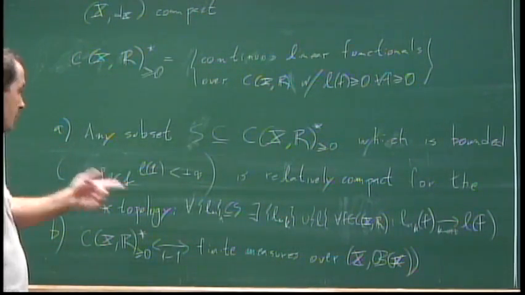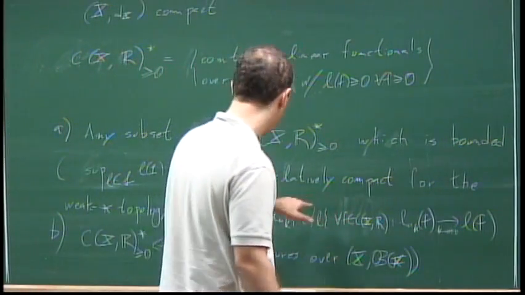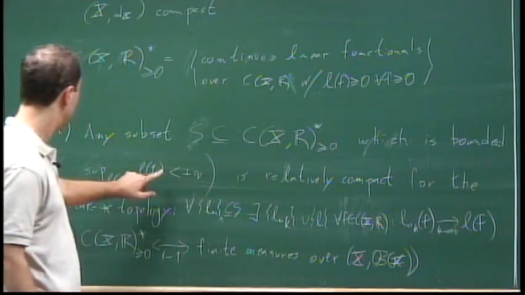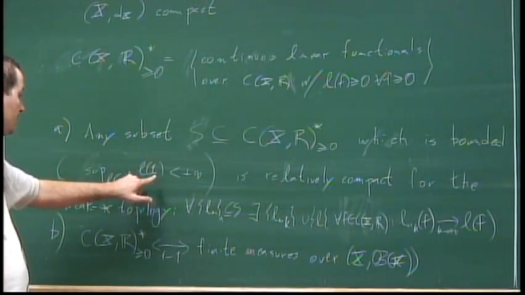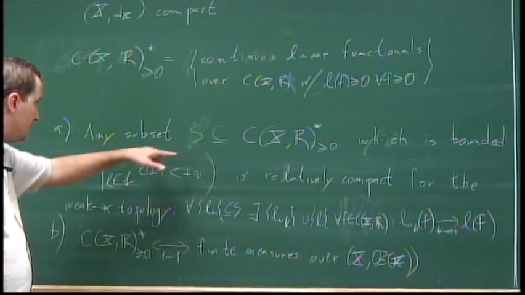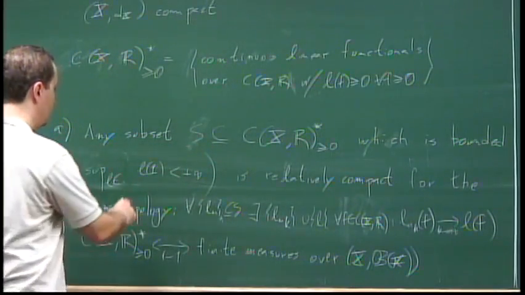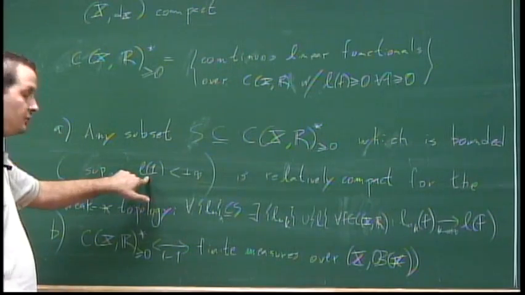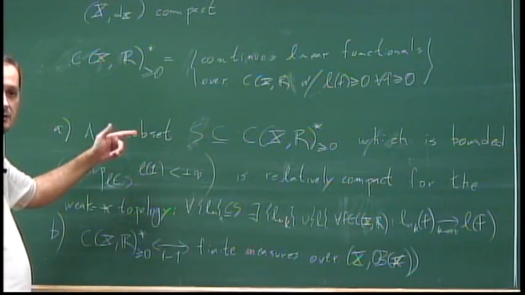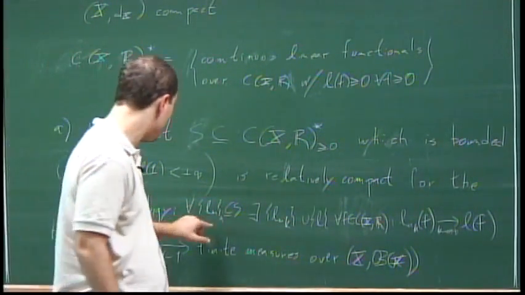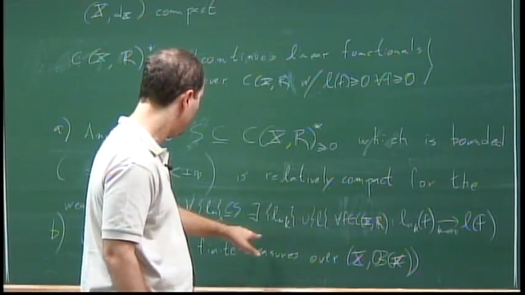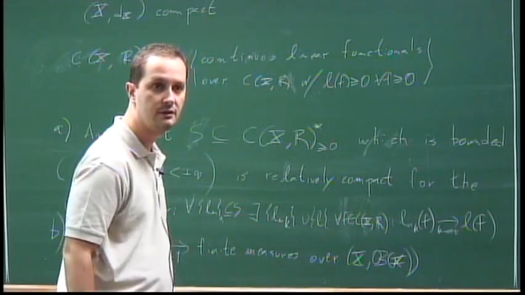And so this statement here, you can think that it's a statement about measures, right? So this is saying you take a subset of the space of measures, where the measure of the whole space is bounded. Then for any sequence of measures in that set, you can find a convergent subsequence.